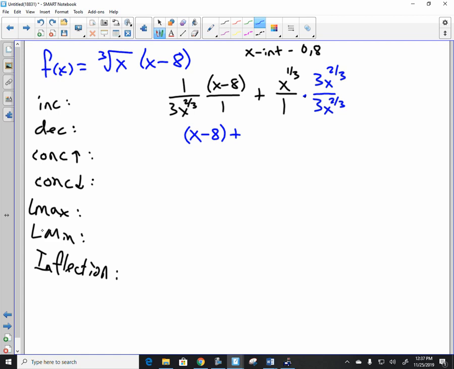What's x to the 1/3 times x to the 2/3? It's just x to the 1, which comes out to be that 3x. Over what's in the denominator? 3x to the 2/3. So in the numerator, we get 4x minus 8 over 3x to the 2/3.